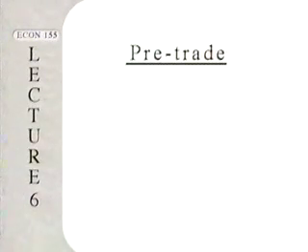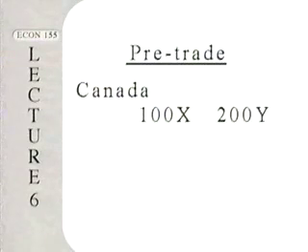So before trade, let's say each country uses half of its resources to produce each good. Then in Canada, they would have 100 X and 200 Y.